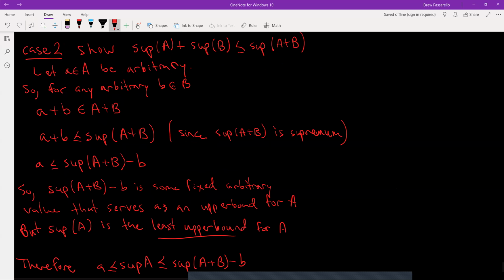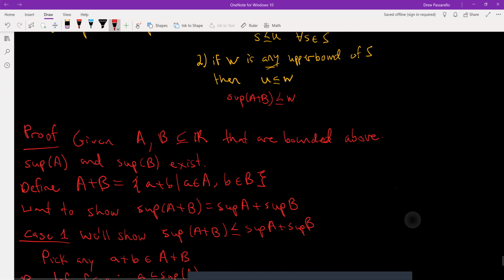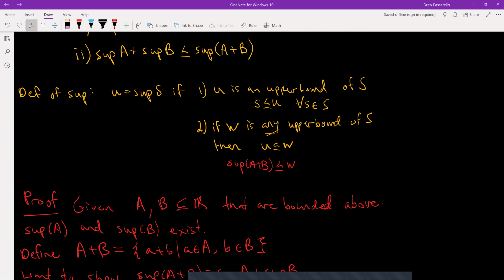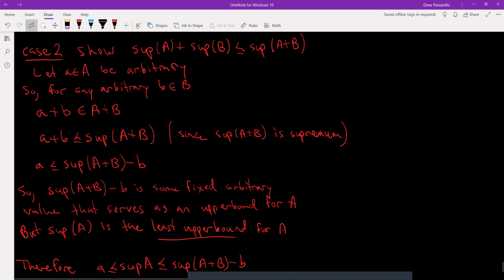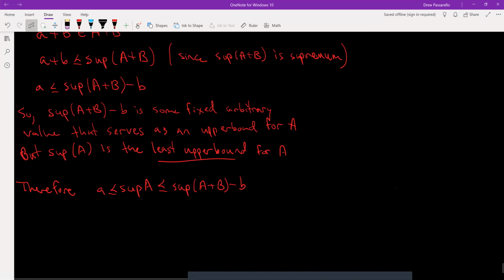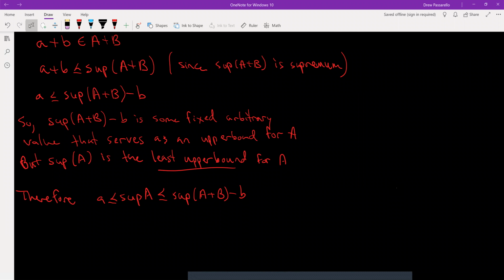Right, because of our definition of supremum: if W is any upper bound of some set S, then the supremum is less than or equal to the arbitrary upper bound. In this case, sup of A is the least upper bound for our set A, so that's got to be less than or equal to this other upper bound, sup of A plus B minus b, which potentially could be sup of A. So that's why we have to keep the less than or equal to.